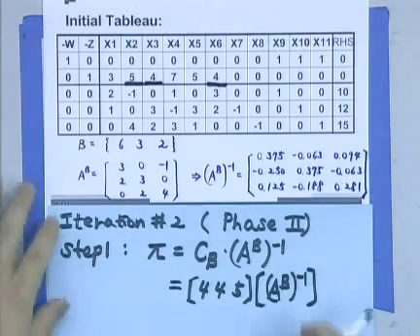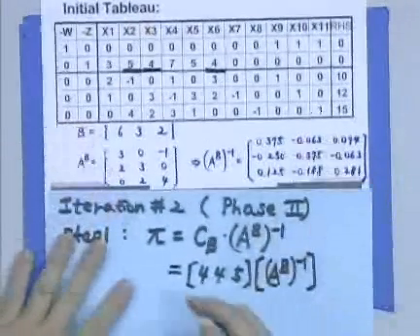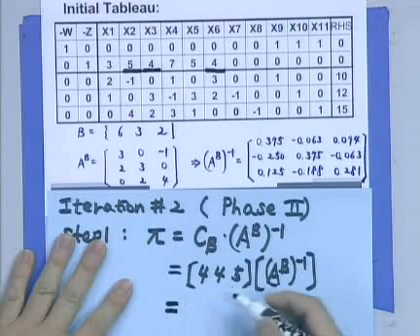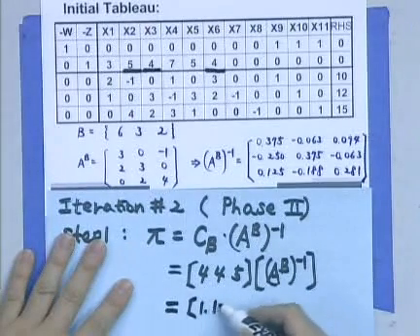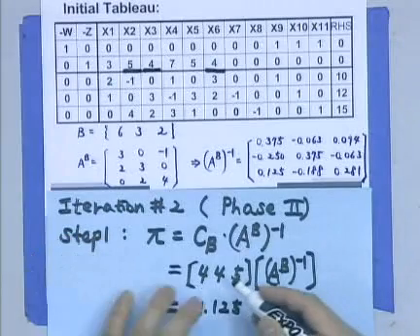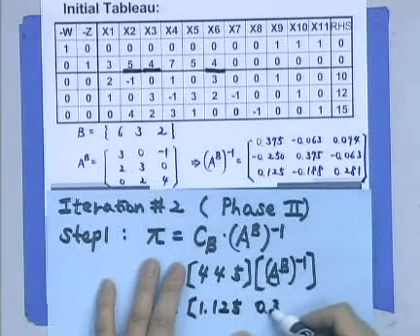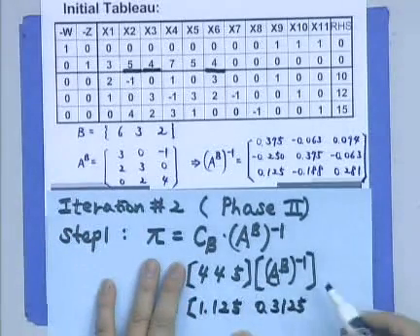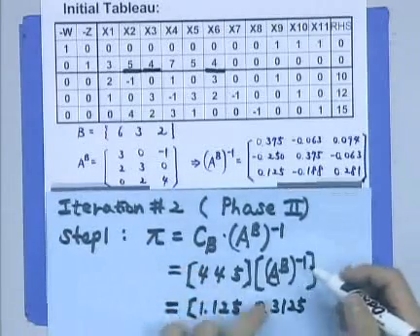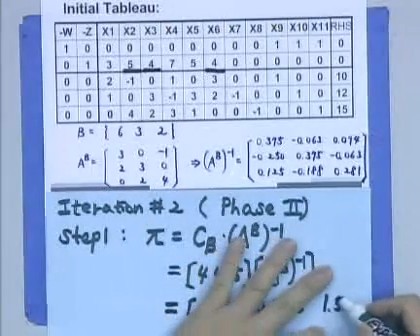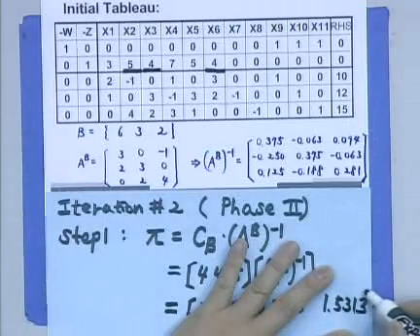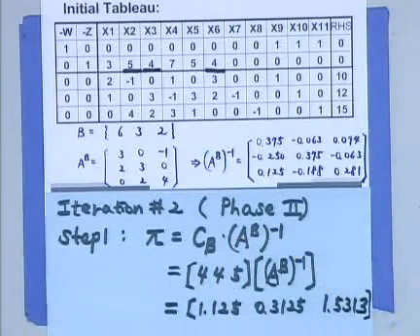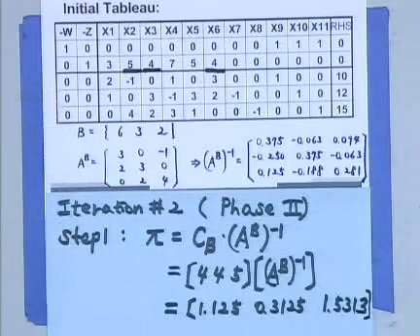And in my calculation, I have 1.125, 0.3125, and 1.5313. Okay? That's the simplex multiplier vector.